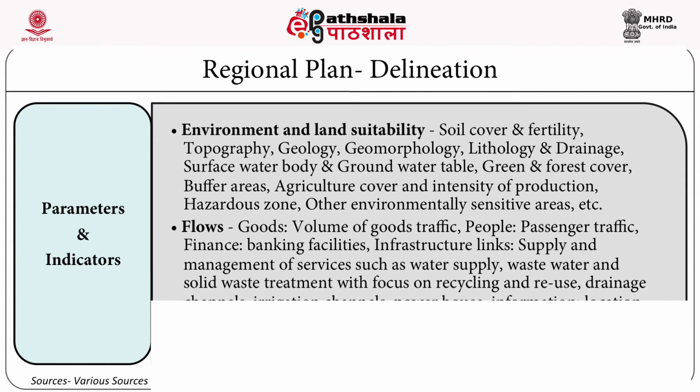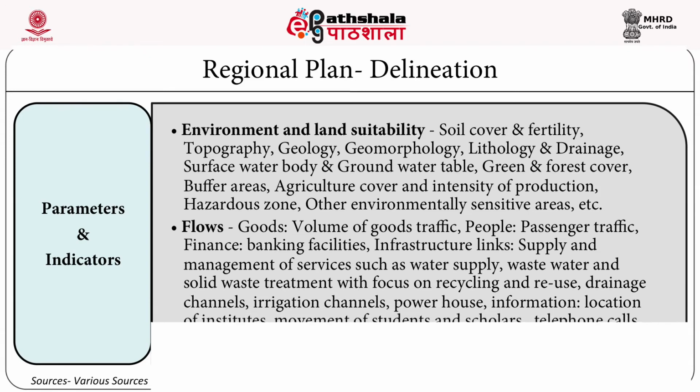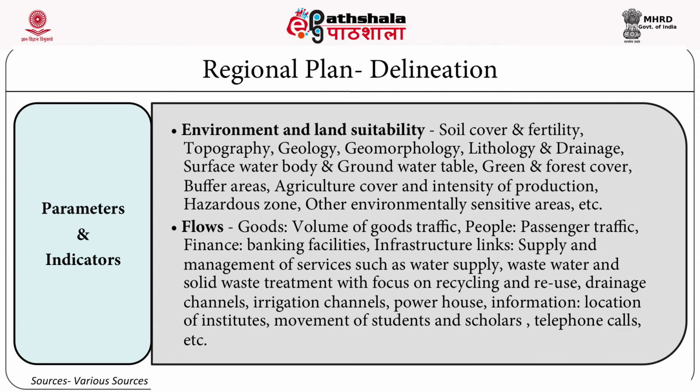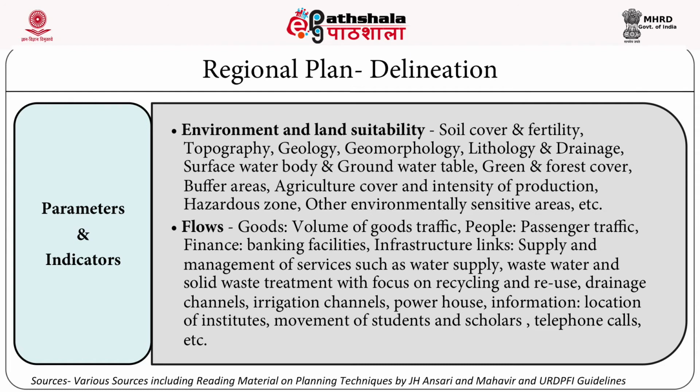Then we require to know the banking facilities, the infrastructure links, the supply and management of services such as water supply, wastewater, solid waste treatment with focus on recycling and reuse. Then the drainage channels, irrigation channels, powerhouses, the location of institutes, and movement of students and scholars. All this is required in order to know the movement patterns and the functional flows within the region.